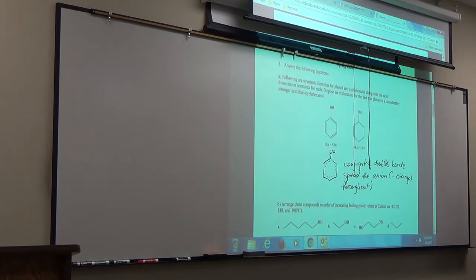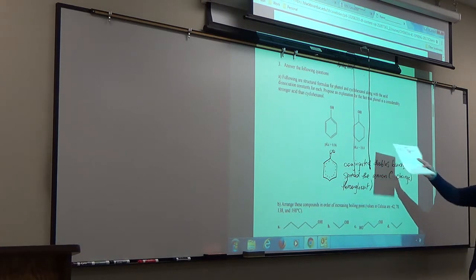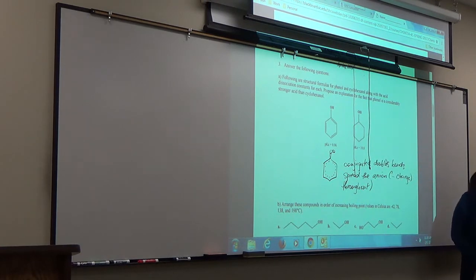With the conjugation, there's a lot of that, and there's no possibility for that in the cyclohexanol. There's nowhere for the charge to go, so it is not really considered to be a strong acid. Does that make sense? Again, hopefully that's more straightforward.